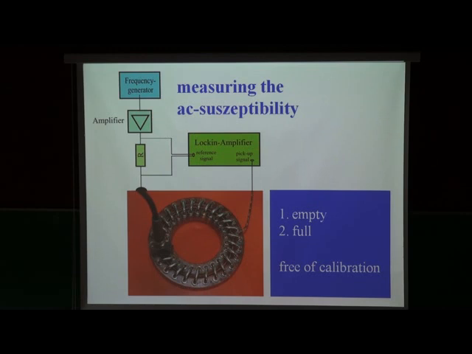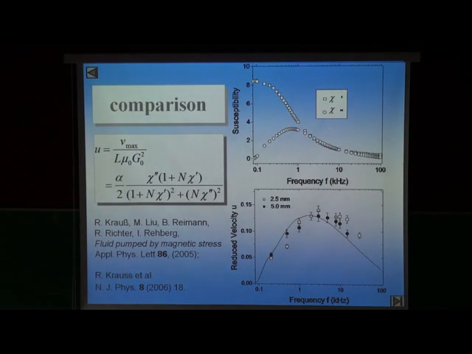The advantage of this setup is that it's free of calibration, because you have a circular duct, so you don't have to take the demagnetization factor into account, because it's an infinite container. It's not a short coil or something like that. So here you see the results.